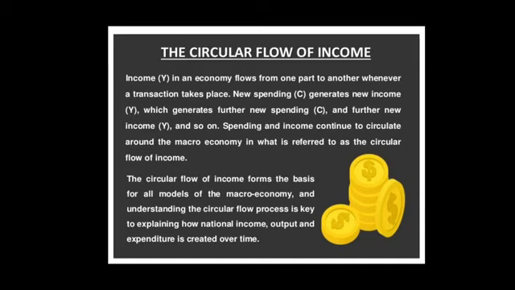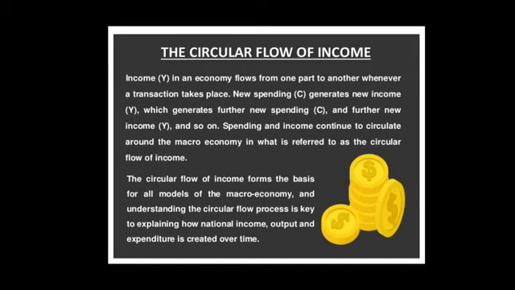Production, income, and expenditure are flow variables. Thus, a continuous flow of production, income, and expenditure in an economy is known as circular flow of income. It is circular because it is difficult to trace the beginning and end of such activities in an economy.